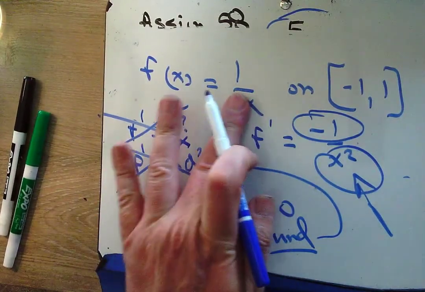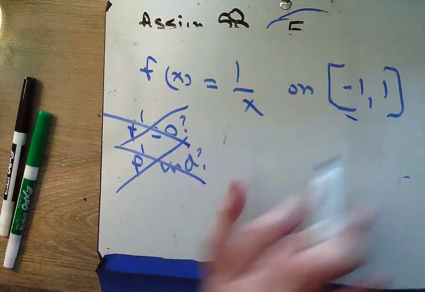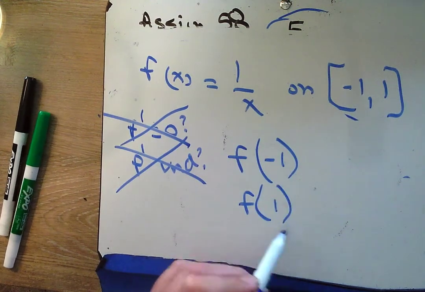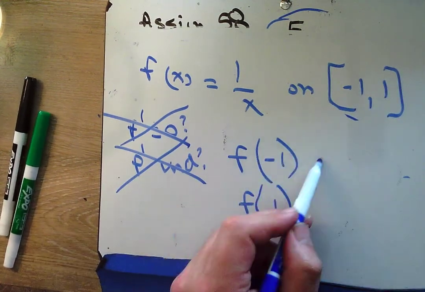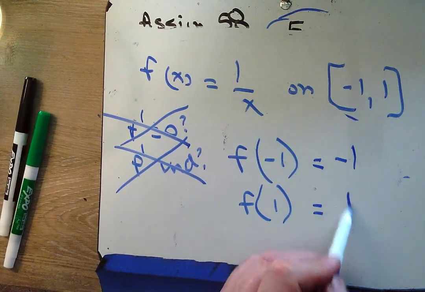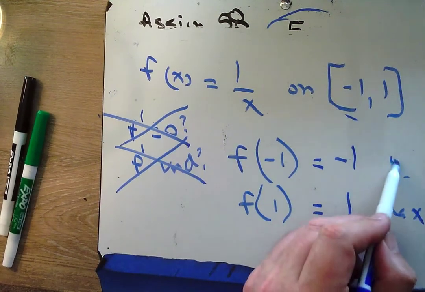So where else do I look for mins and maxes? I look for mins and maxes at endpoints. So I've got f of -1, and I've got f of 1 to consider. Okay, so I plug my -1 in, I get -1, and I plug my 1 in, and I get 1. And I'm ready to say max and min.